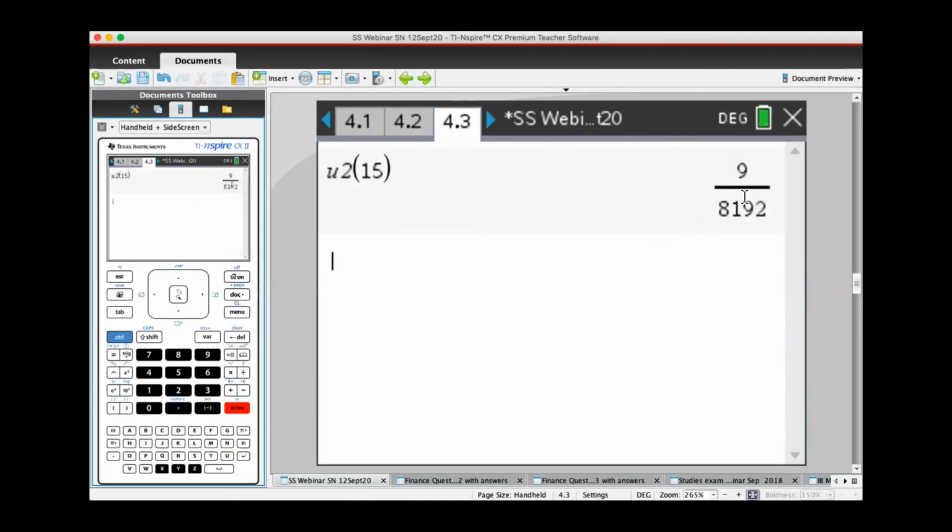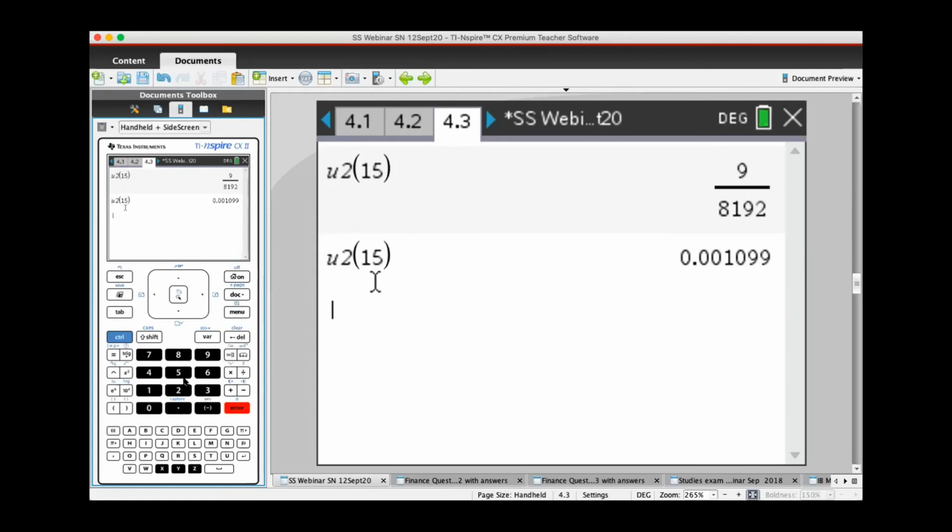Now I take this opportunity to show you how to convert the fraction to decimal. So if I do Control Enter, I get the decimal. All right. So I read the decimal. Now I do the U2 of 16. Now this is very important in IB exams. You have to show your working. You have to show how you have arrived at your answer as U16.